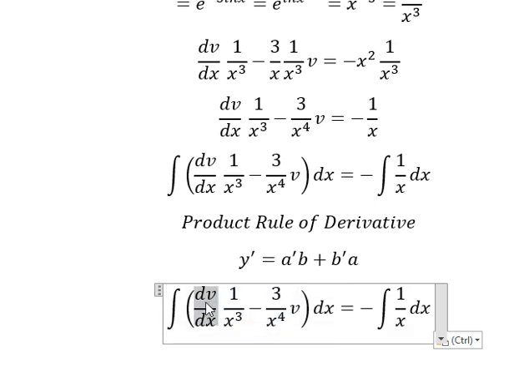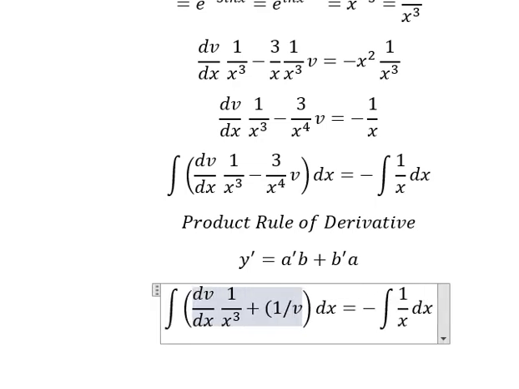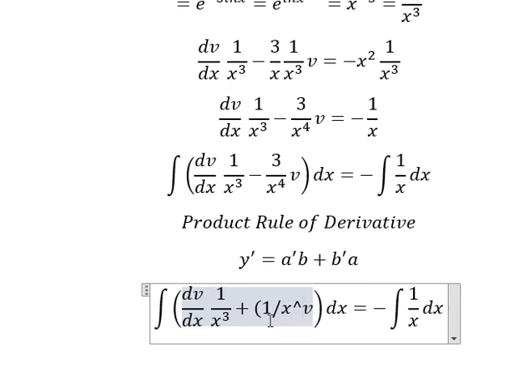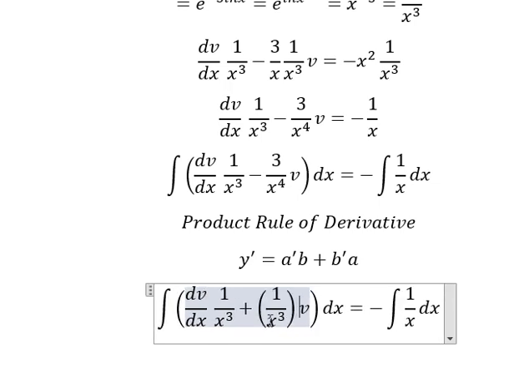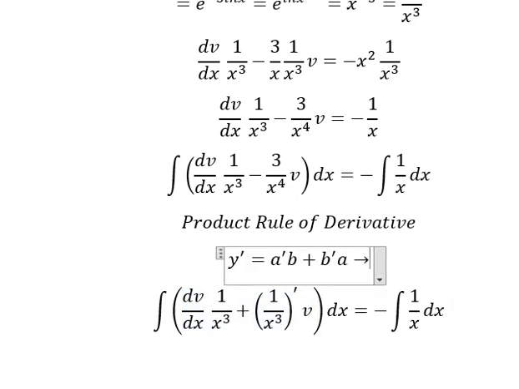We have the first derivative of a multiplied by b. This one is the first derivative of 1 over x to the power of 3. And that is the first derivative of b multiplied by a. So the integration of this one, we have y equals ab.